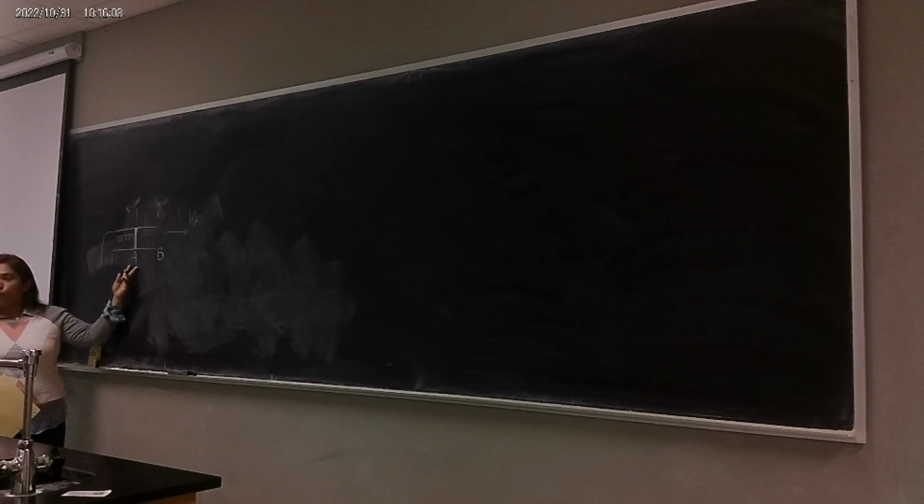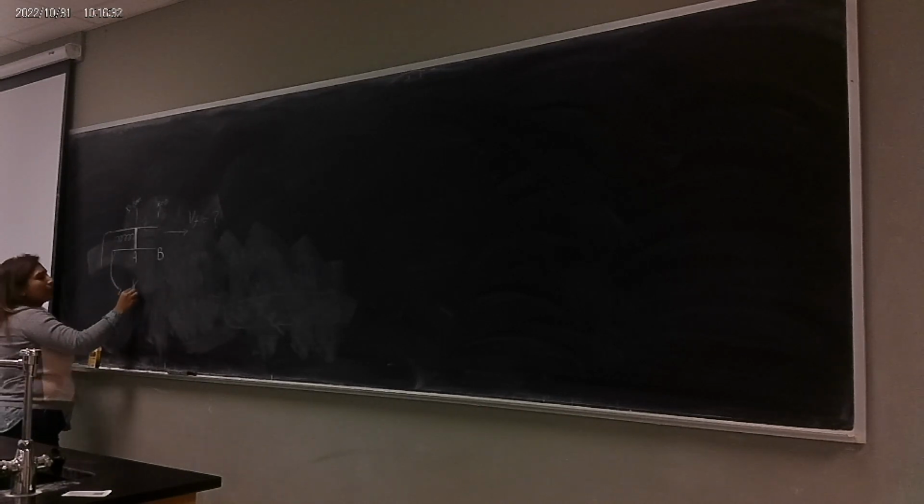Then you fire the gun, and it leaves the gun with some speed Vf. We want to know what is this Vf. K for the spring is given as 250 Newton per meter.